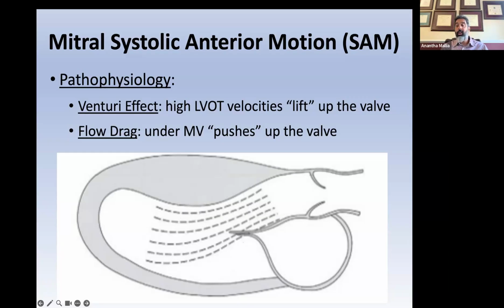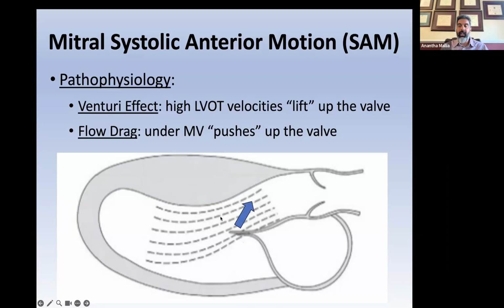And as you know, by Bernoulli's principle, if you have an area of low pressure compared to an area of high pressure, stuff is going to go from the area of high pressure into the area of low pressure. In this case, that includes the mitral valve. Because the acceleration is occurring here, the low pressure area is being created here.